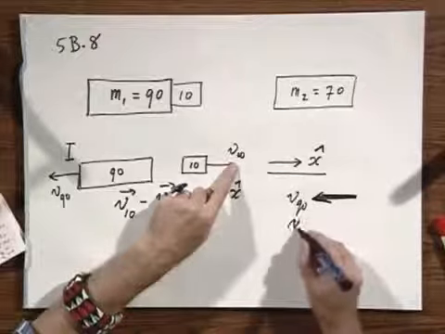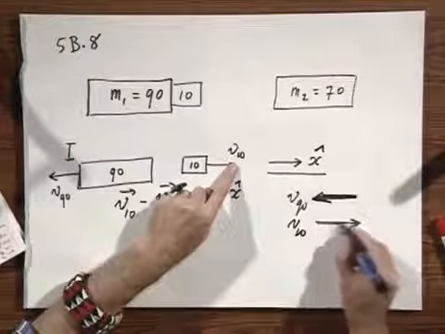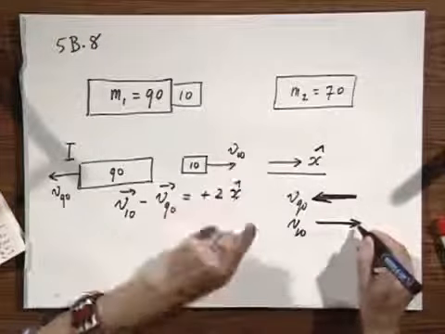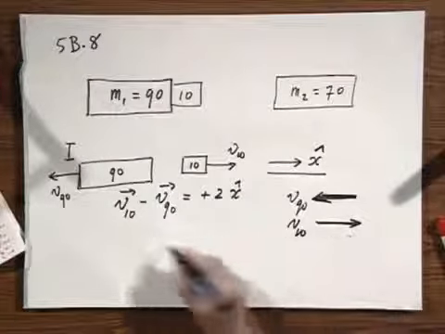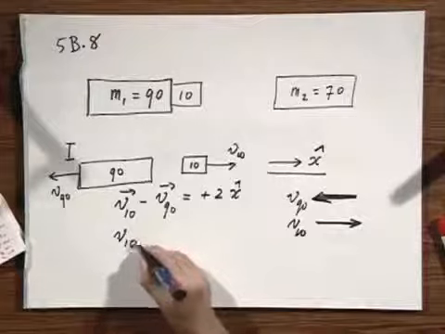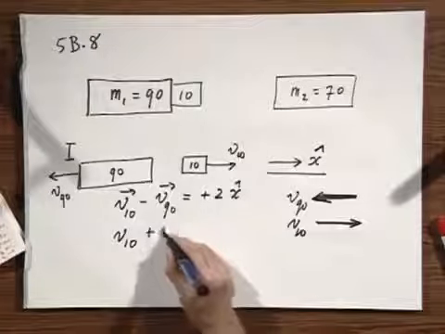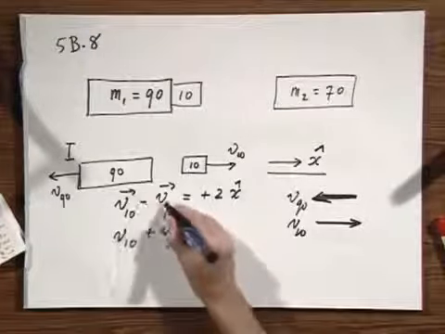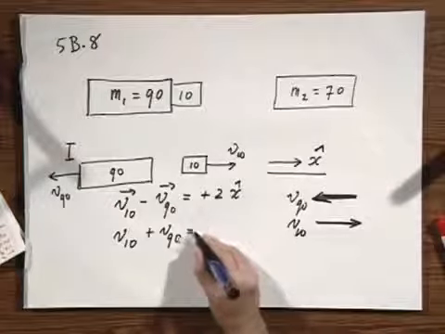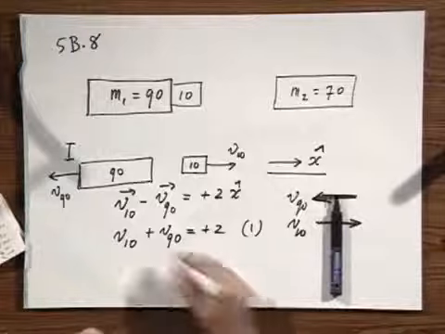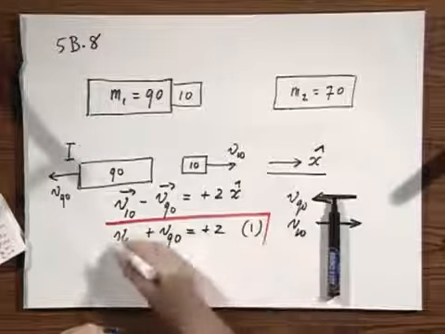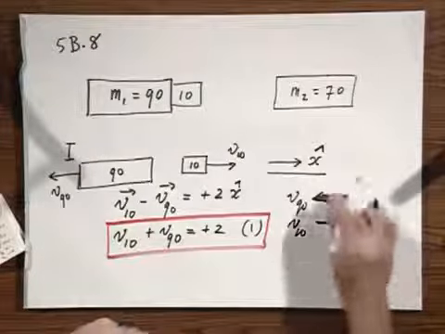And V10, I know is in this direction, so I will give that a plus sign, and I know whatever sign I find later for V10, it will be in this direction. So that then becomes V10 plus V90, because minus times minus is plus, equals plus 2. And this is my equation 1. So I got rid of my vectorial bars, but I keep this in mind.